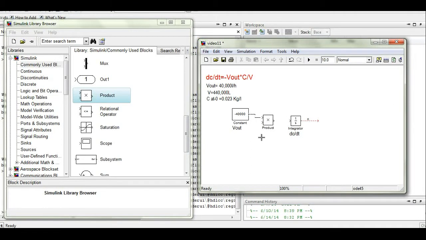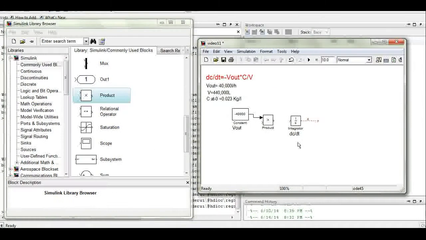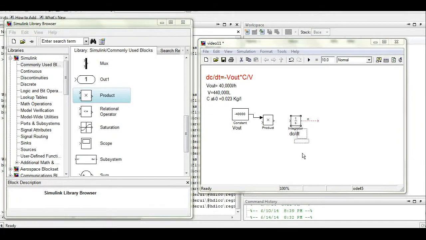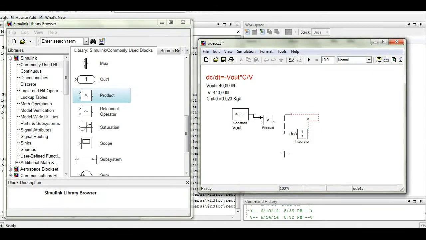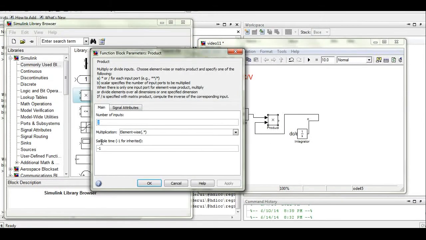You multiply the V out, and then we will multiply also by the concentration. But we have a division by V. In MATLAB, you can double click on the product, and you will have the number of inputs.